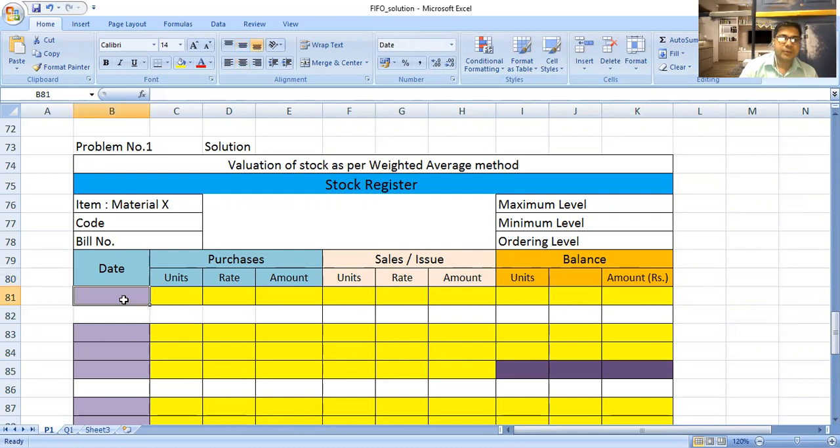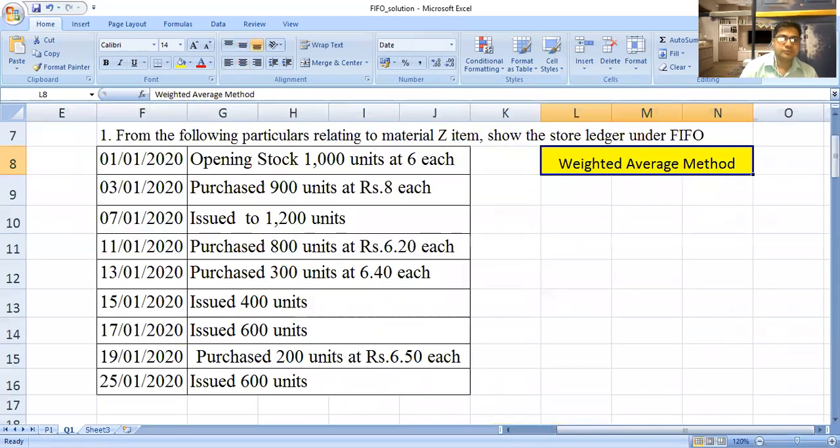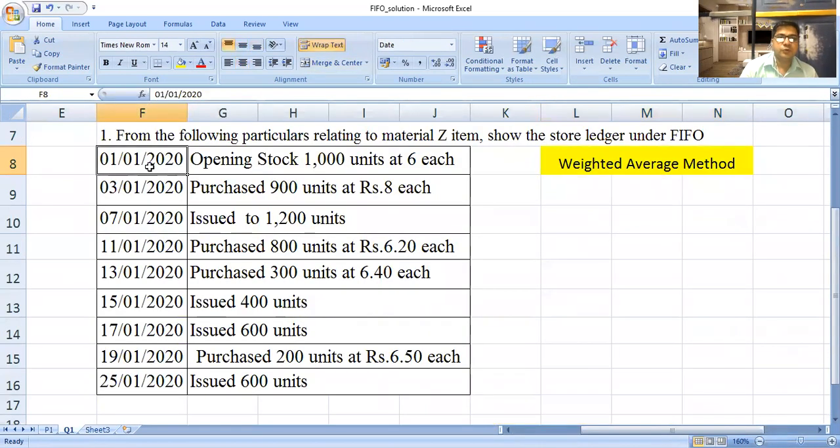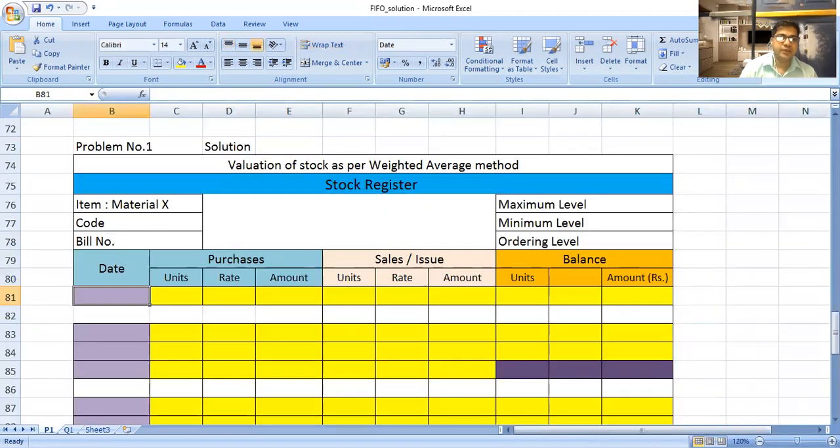Now let us discuss the first transaction. On 1/1/2020, opening stock 1000 units at rupees 6 each. So we will write here 1/1/2020. There is no place to write the opening stock, so we will directly write opening stock and put it in our balance column.